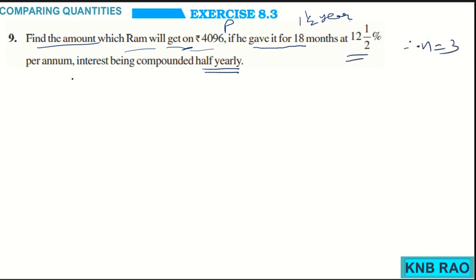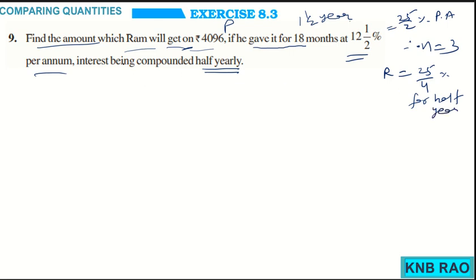The rate of interest per annum is 25 by 2, but because it is compounded half yearly, the rate of interest becomes 25 by 4% for half year.